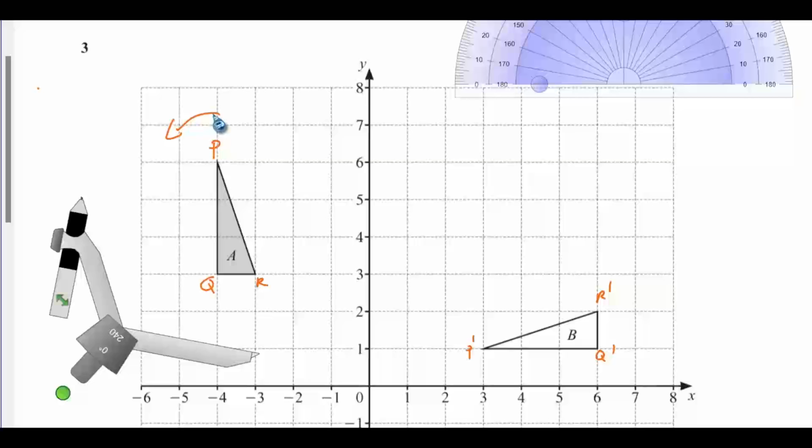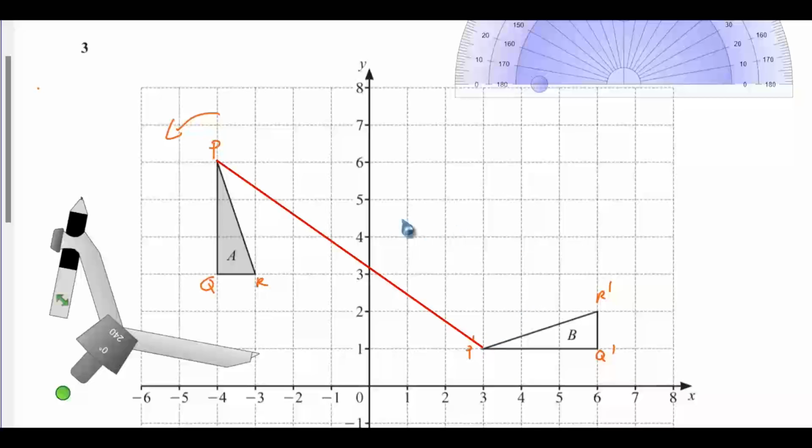The first thing we need to do is to get the center of rotation. To get the center of rotation, we have to connect corresponding points together and bisect. Let's connect P and P prime together, and bisect this line.